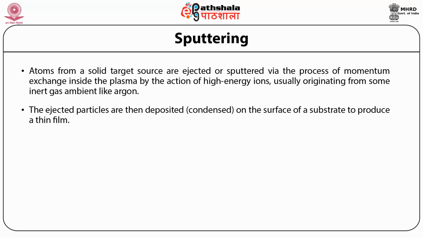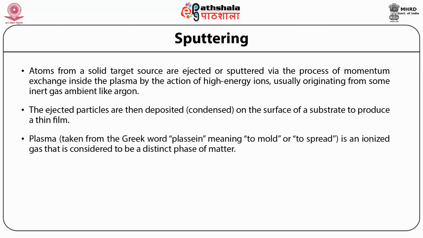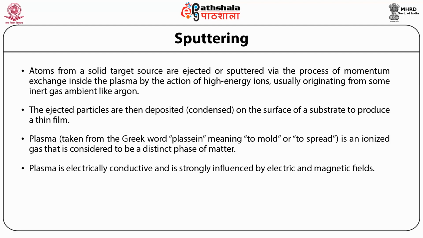Now, what is a plasma? The word plasma is taken from the Greek plasian, meaning to mold or to spread. Plasma is an ionized gas that is considered to be a distinct phase of matter. Plasma is electrically conductive and is strongly influenced by electric and magnetic fields.